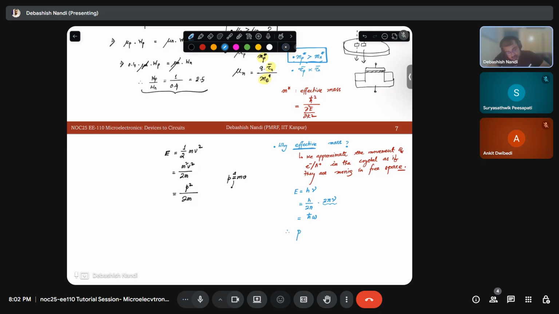So similarly, your momentum is h bar k. This can be found from the Schrodinger equation, a very easy equation. Maybe in some other courses I have taught that, but not for this course. Just note this one. So energy becomes h bar square k square over 2m.